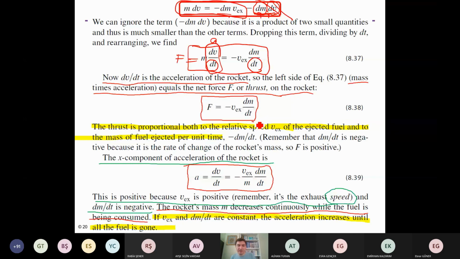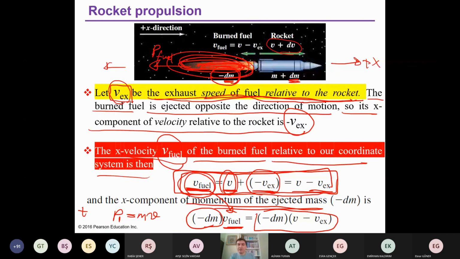What is dm over dt? This is the time derivative of the mass and shows us how the mass of the rocket changes with time, okay? So what about this force? This force is thrust. Force is F thrust, okay?